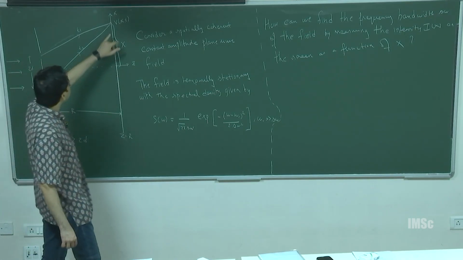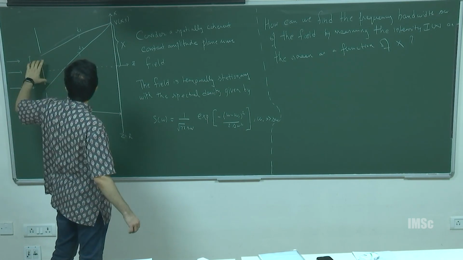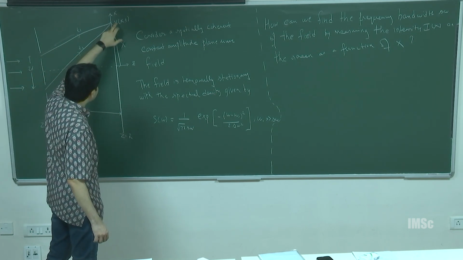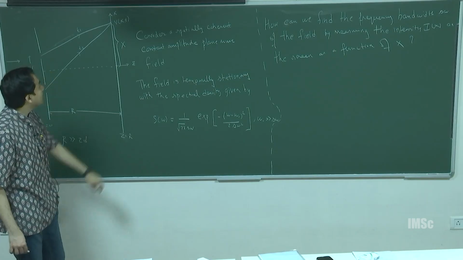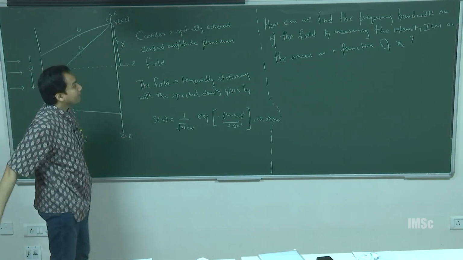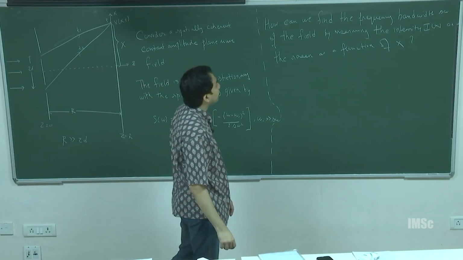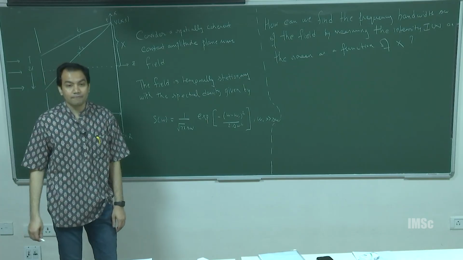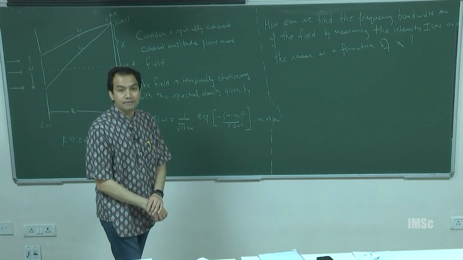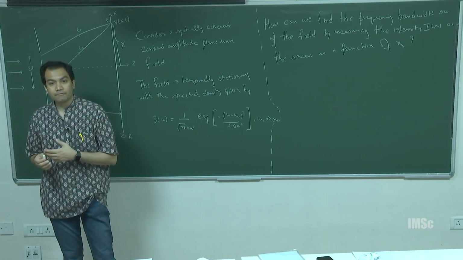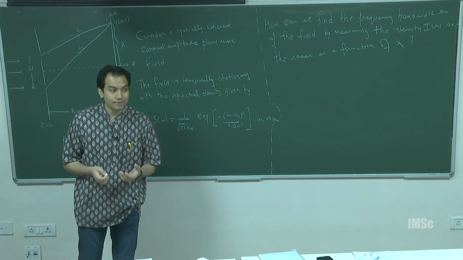If we measure the intensity of the field from both the slits at a point x, let us call this point P, can we determine the frequency bandwidth of the field? So from the interference information, by measuring the interference pattern, can we determine the bandwidth of the source? That's the question we wish to address.